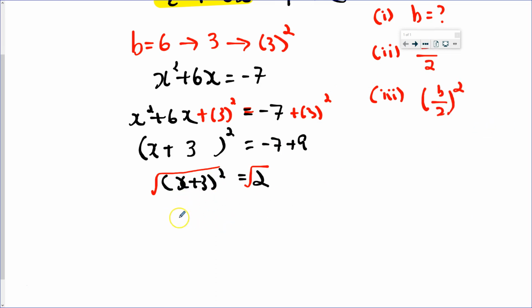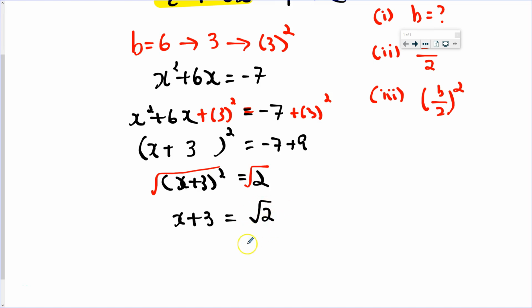So I'm left with x plus 3 equals the square root of 2. And in class, I already said that if you're square rooting something, you're going to get a plus, you're going to get a minus. That's how you actually get two different sides of the answers on this.